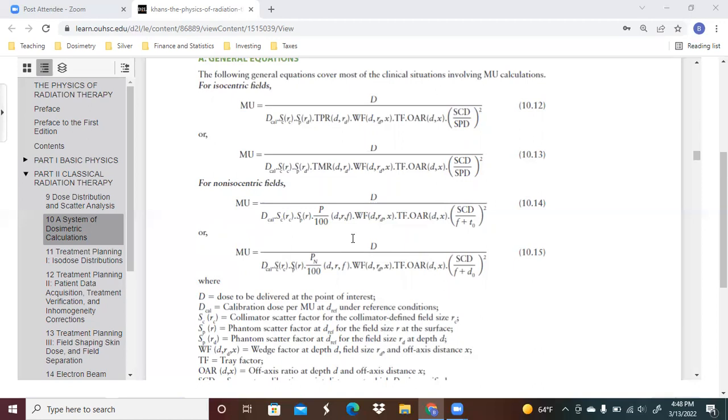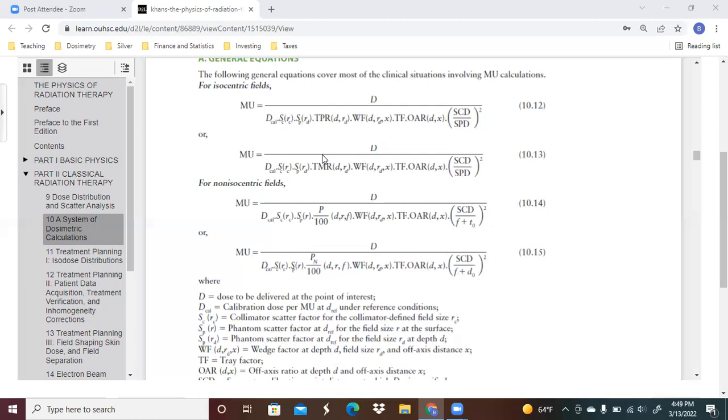So the formulas here, you can see here for isocentric fields, SAD technique. This is what we're going to be using. You're going to see the MU is equal to dose. That's the dose on top. And on the bottom, you've got all of these factors that you use to adjust the monitor units to be maybe above or maybe below the dose, depending on what conditions you're attempting to compensate for.